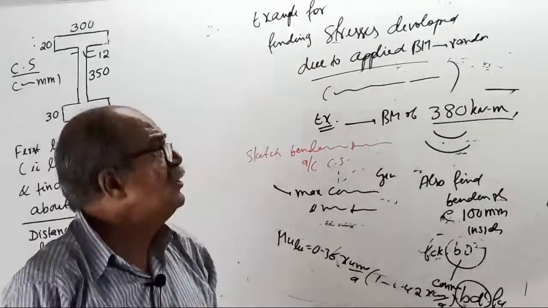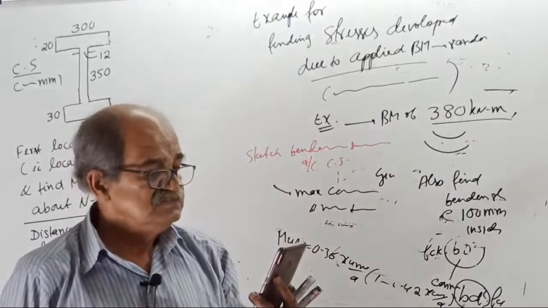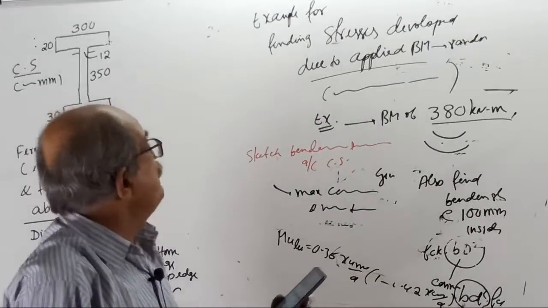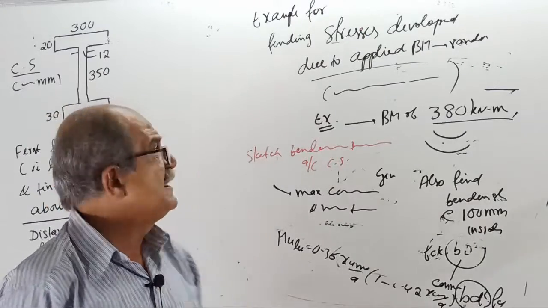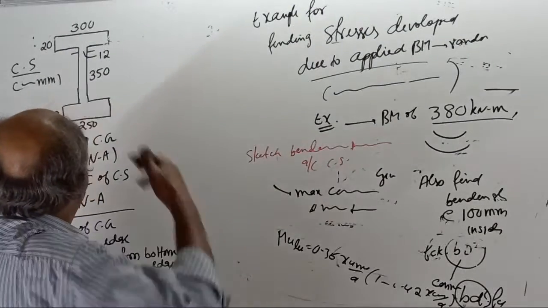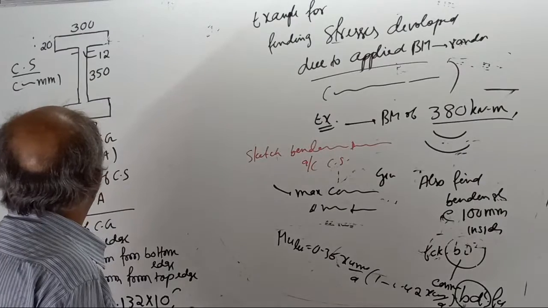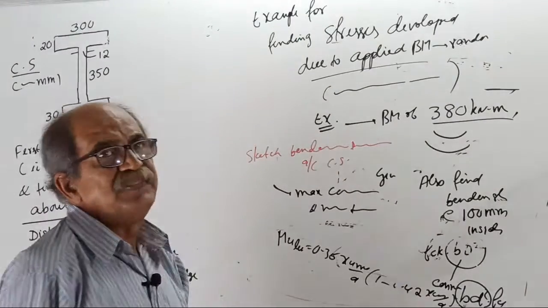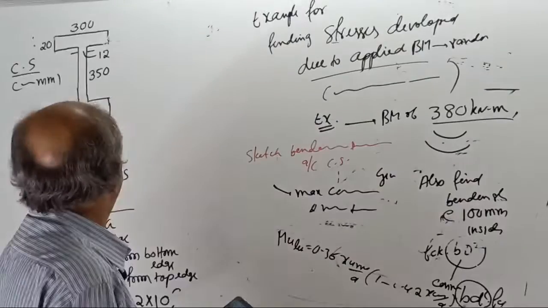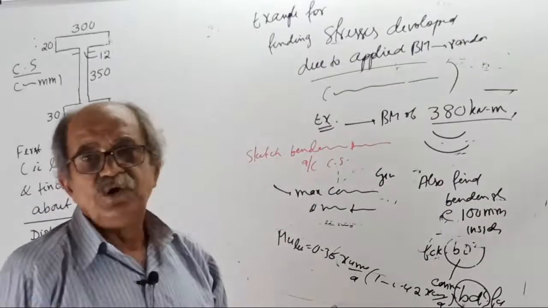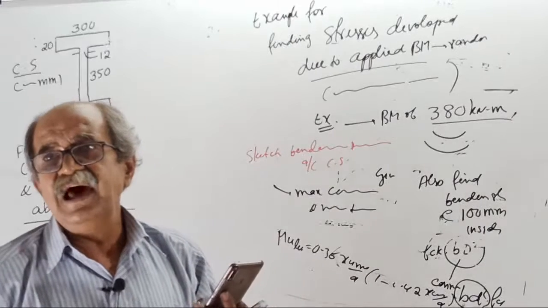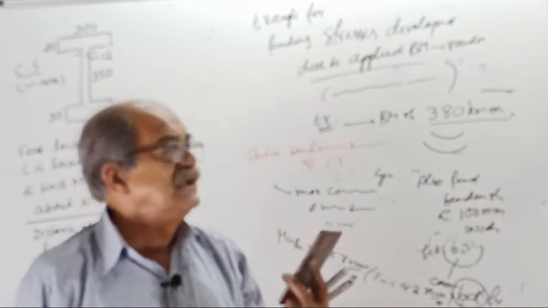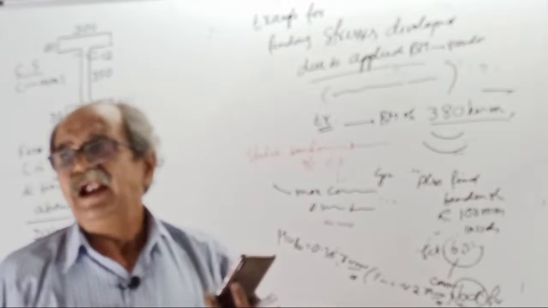Can you write the question now? The cross section of a beam is subjected to a bending moment of 380 kN sagging. Cross section is an I section, top flange 300 mm by 20 mm, bottom flange 250 mm by 30 mm, web 12 mm by 350 mm. Sketch the distribution of bending stress across the cross section and clearly indicate maximum compression and maximum tensile stress and where.